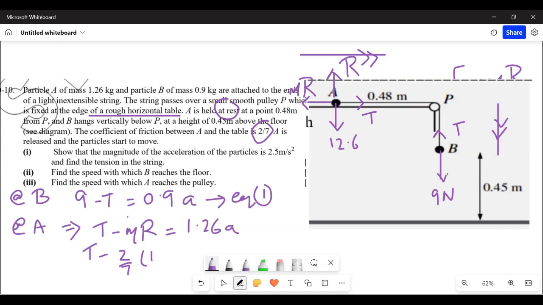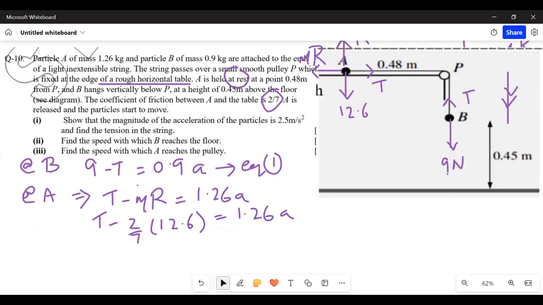Yeah, 12.6 equals 1.26 A. That's equation 2. Let's simplify. 2/7 times 12.6 is 3.6.